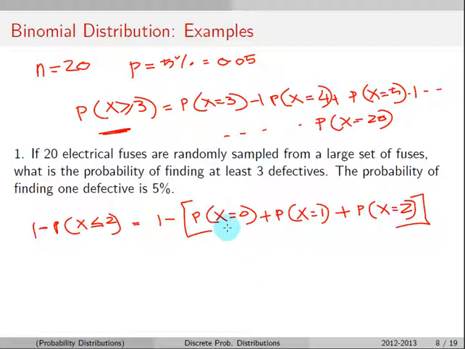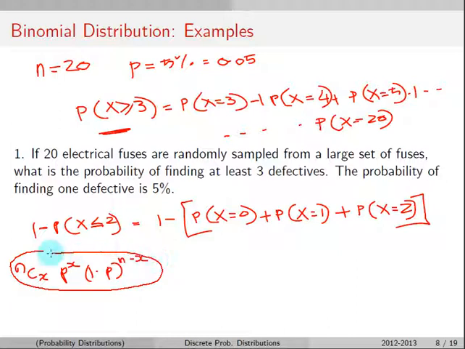So how do we answer this question? Once again, go back to the density function. The density function of a binomial random variable was nCx p raised to x times 1 minus p raised to n minus x. So we can use the same density function for solving this.